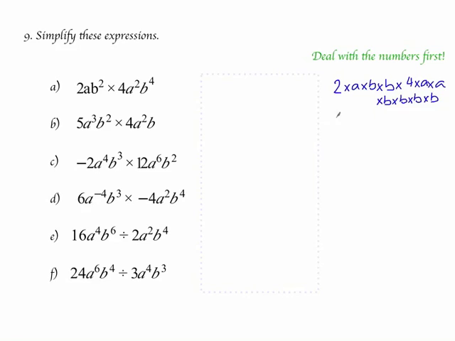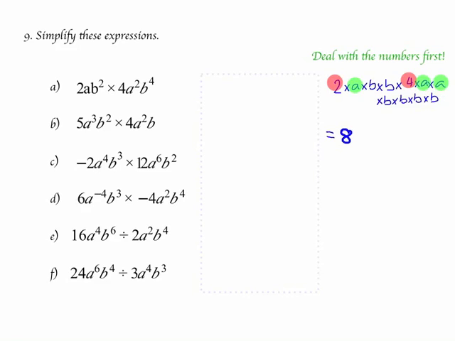Okay, if I was to simplify this, I can deal with my numbers first. So here I've got my 2 and a 4. 2 times 4 gives me 8. And then I'm going to multiply all my a's together. So I've got a, a, a.